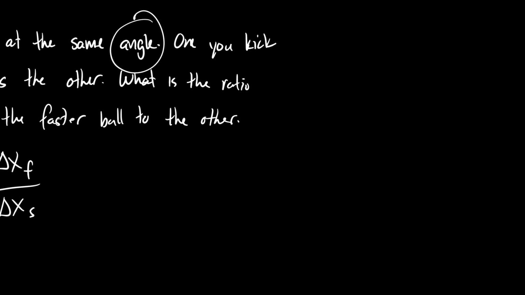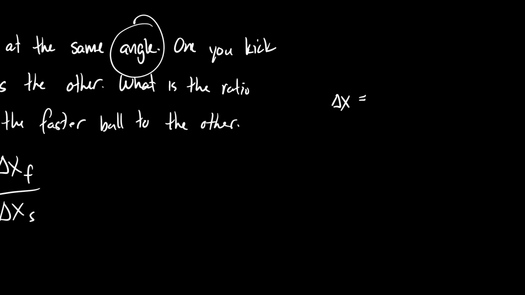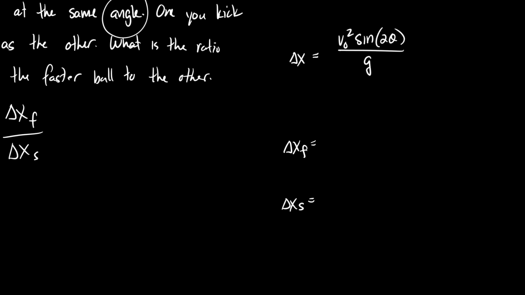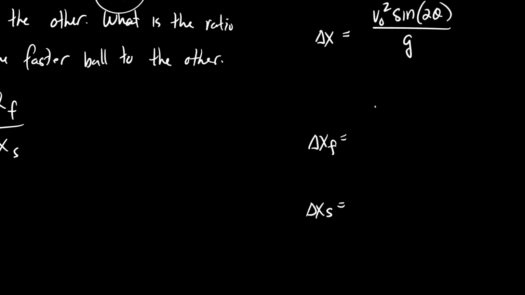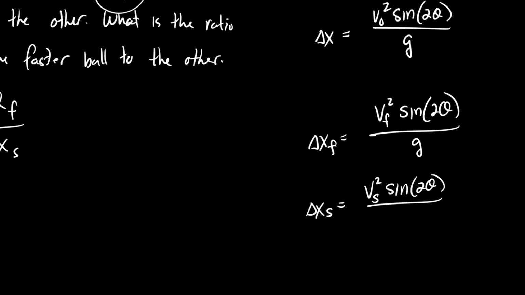I would probably use delta x equals v naught squared sine 2 theta over g. And then I'd probably do something like delta x for the fast ball and delta x for the slow ball. So v fast ball squared sine 2 theta divided by g, and maybe v slow ball squared sine of 2 theta over g.